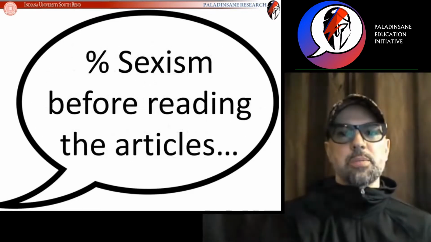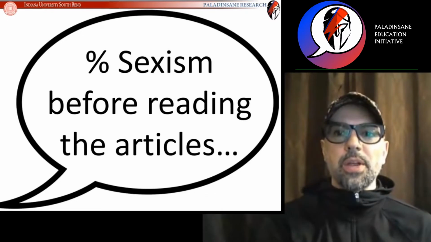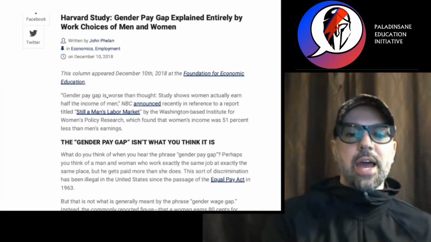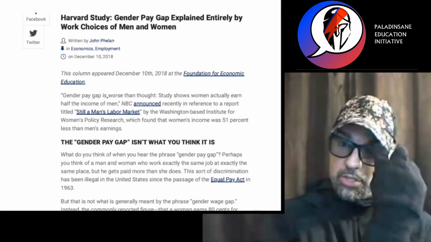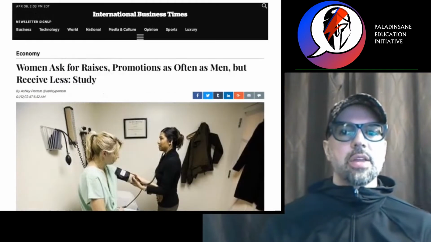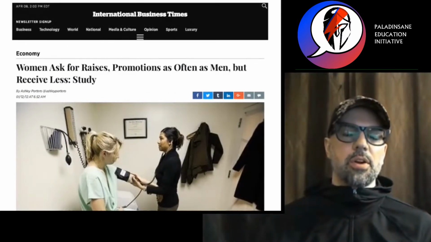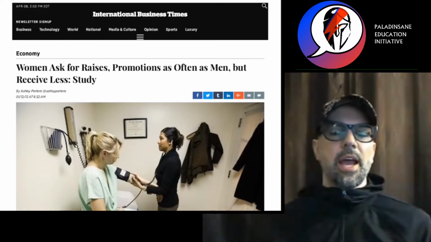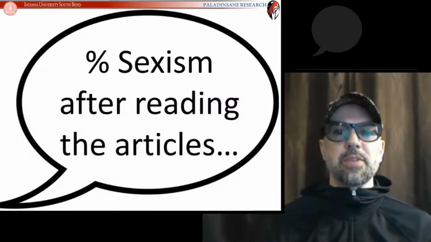What was their percent of sexism before reading the article? Then half of them read the article in favor of the choices theory, the other half read the article in support of the sexism theory, and then I measured their sexism rating after reading the articles.